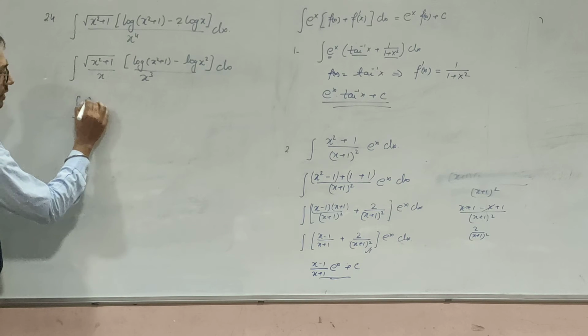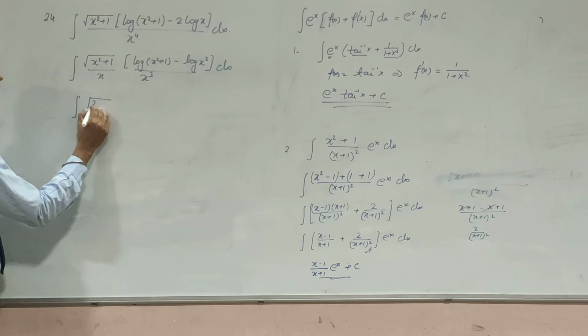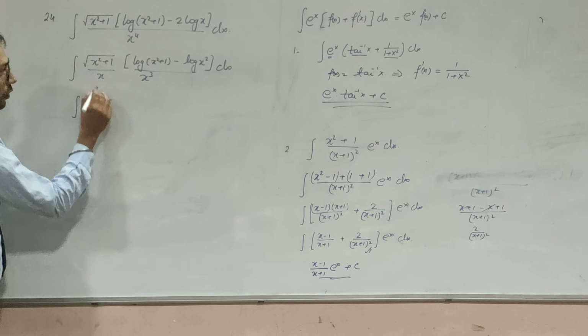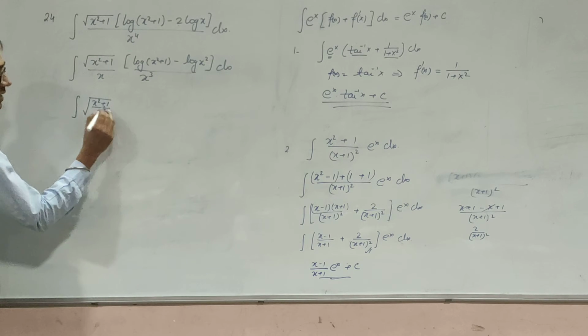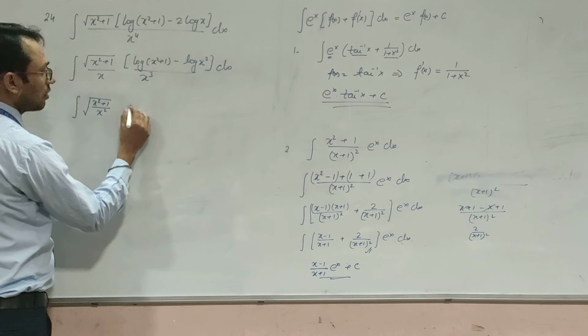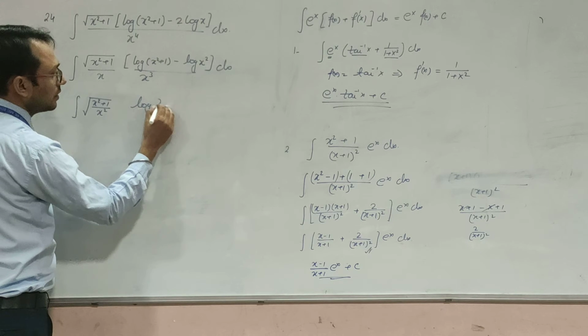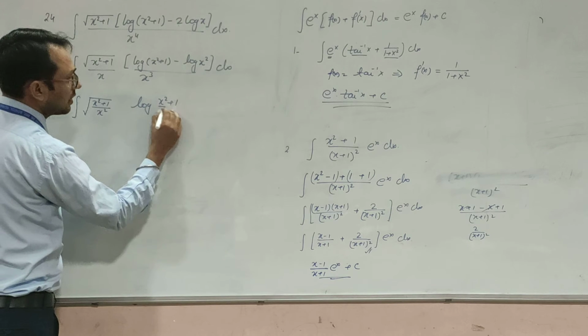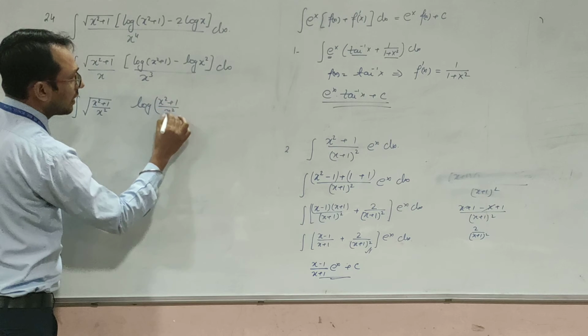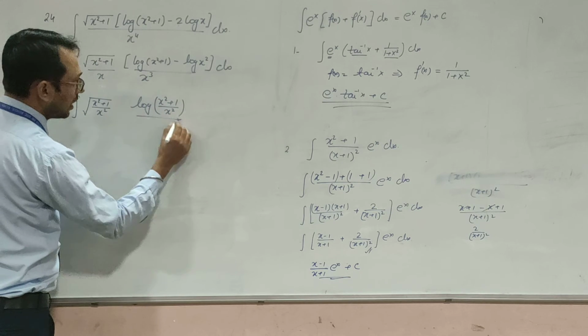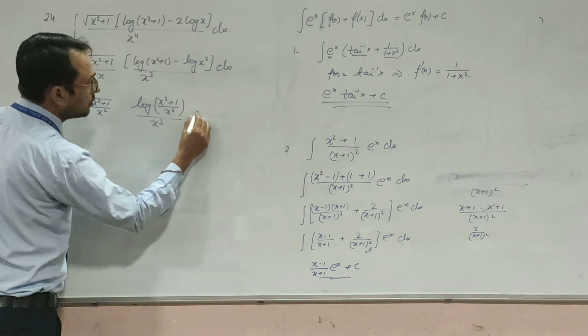Integral, this is complete root I am trying to make. So x square plus 1 upon x in the square root will be x square. Log a minus log b will be log of (x square plus 1 upon x square) upon x cube dx.